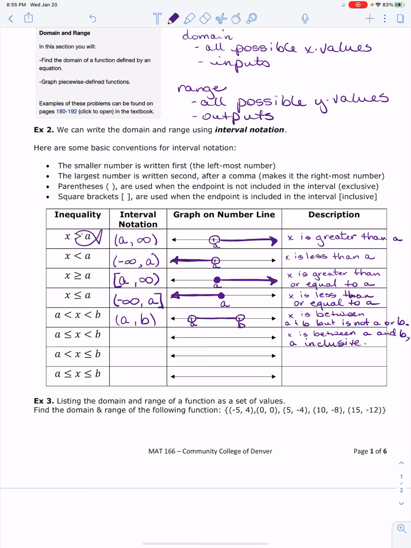So we're including a in this interval, but not b. So we've got a solid dot at a to show that x could be a. Goes all the way up to b, but does not include b. Again, our interval is from a to b, parenthesis at b, square bracket at a.